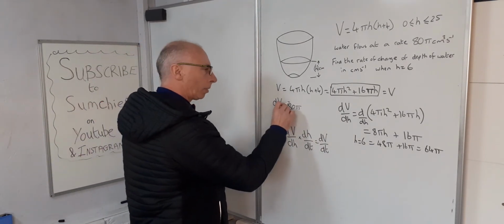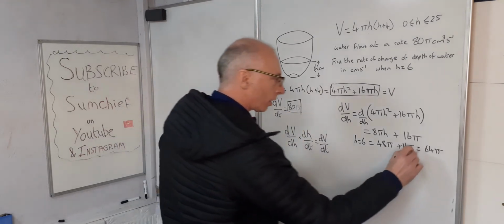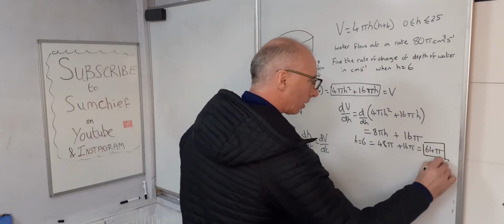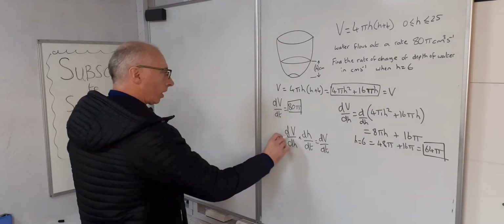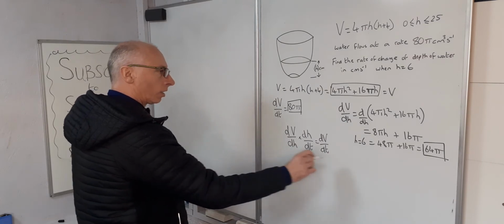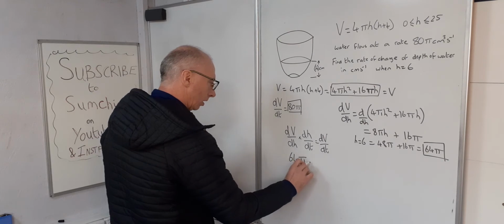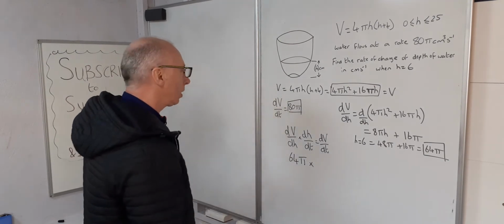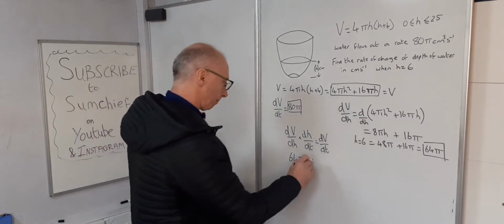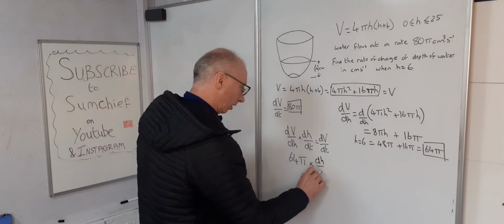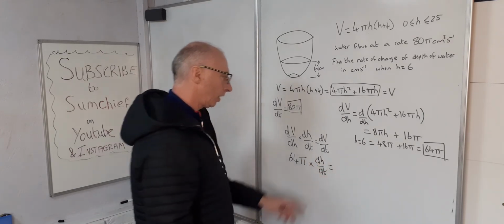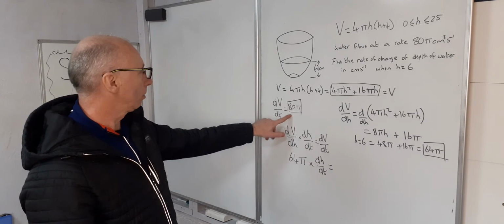So we've got an 80π and we've got a 64π. So dV/dh we have as 64π times dh/dt, we don't have that yet. dV/dt, well this is just 80π.